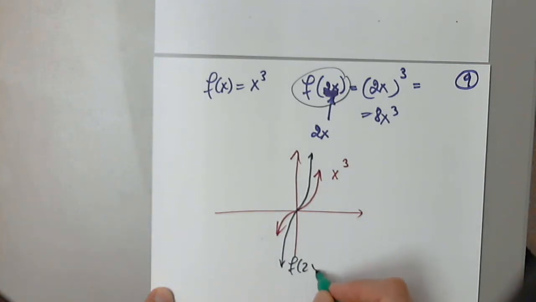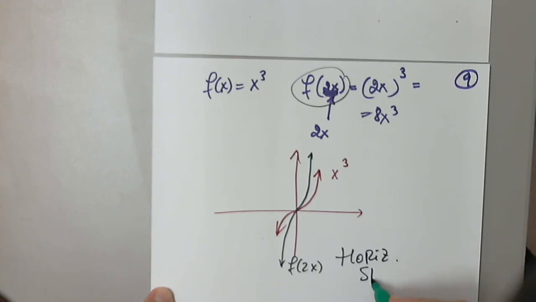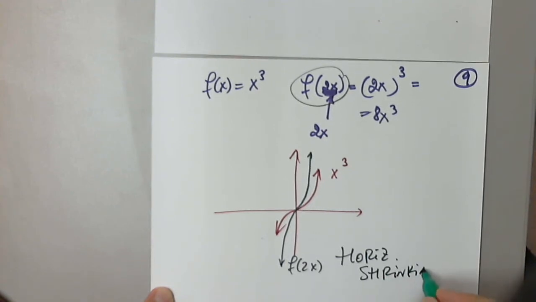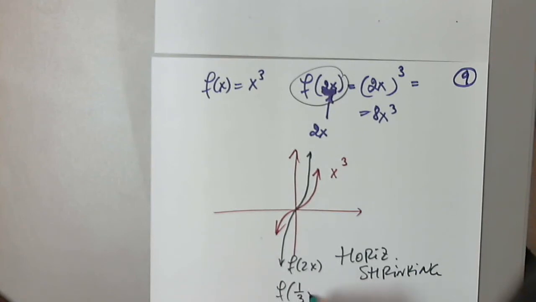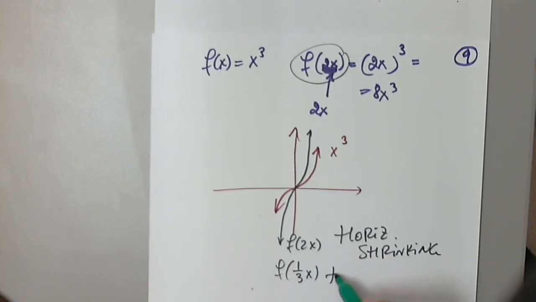So f of twice x is horizontal shrinking. You would have expected the exact opposite, because I'm replacing x by twice x. How come it's a horizontal shrinking? That's what it is. And if you want f of 1/3 x, this will be a horizontal stretching.